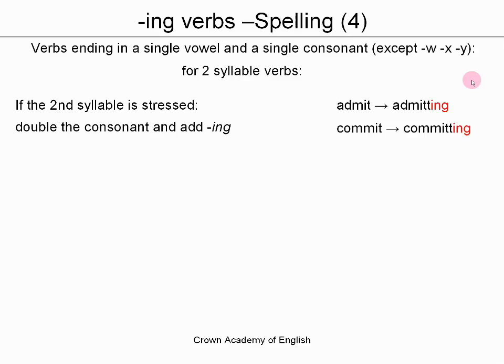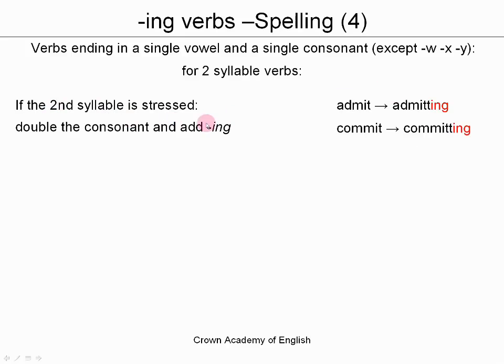Example. Admit becomes admitting. So we double the consonant, we double the letter T, and we add ing. Commit becomes committing. We add a letter T, we double the letter T, and we add ing.